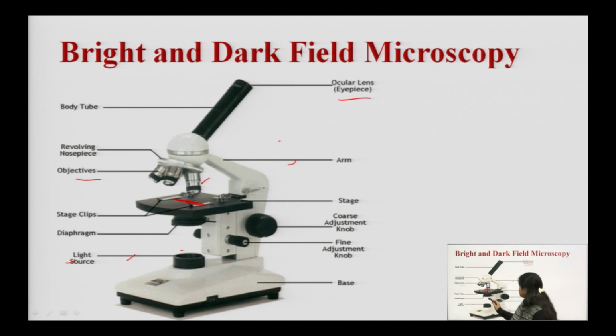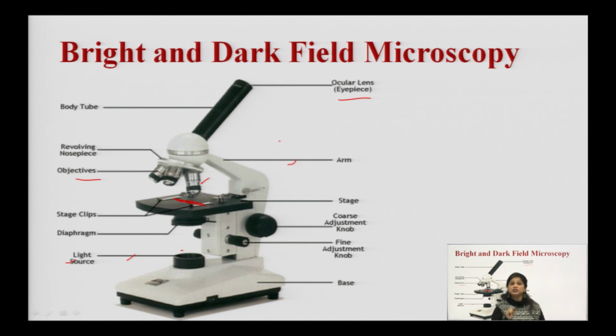So the light moves towards the condenser, and from the condenser it is concentrated onto the glass slide. The light then passes through the objective lens and reaches the eyepiece, and we are able to observe the image.